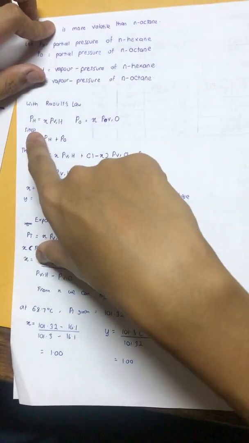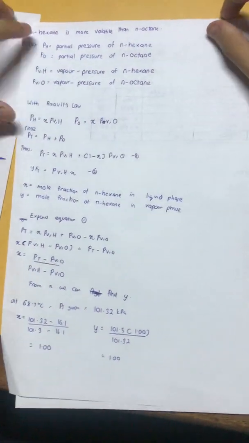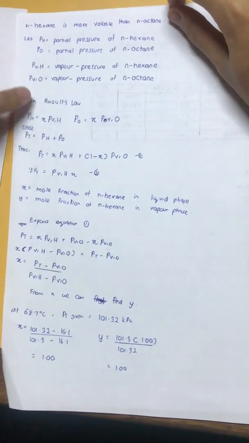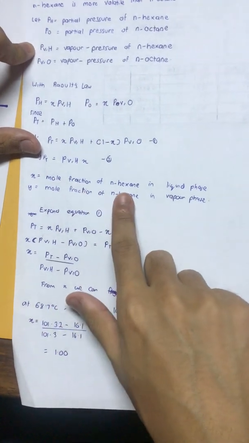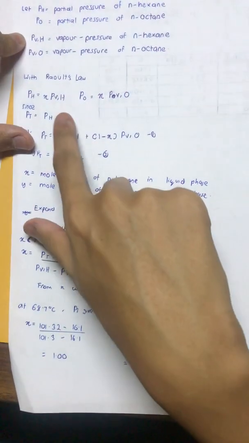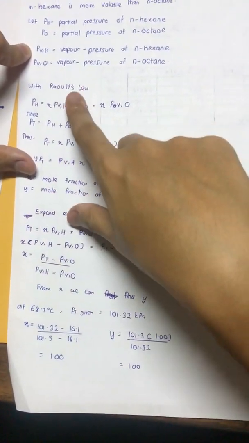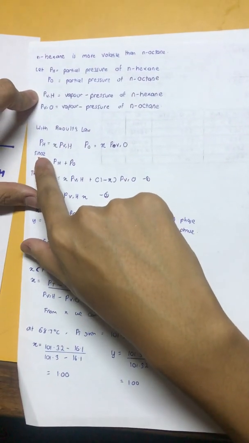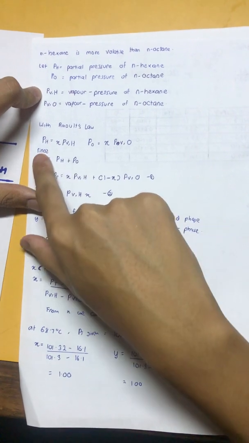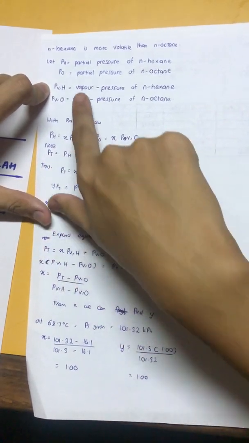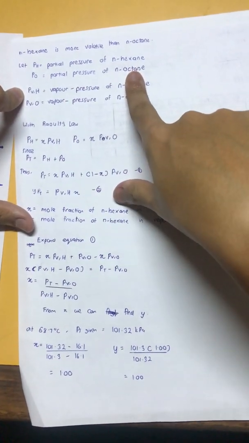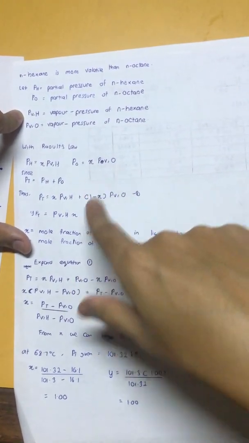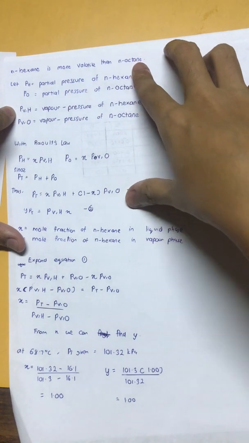So this is Raoult's Law. It states that PH equals X, which is the mole fraction of N-hexane in the liquid phase, times the vapor pressure of hexane. That is the partial pressure of N-hexane. PO is the same thing: the partial pressure of N-octane equals its mole fraction times its vapor pressure.